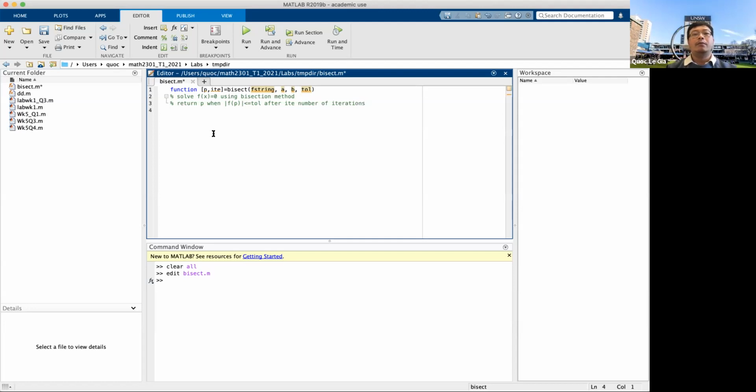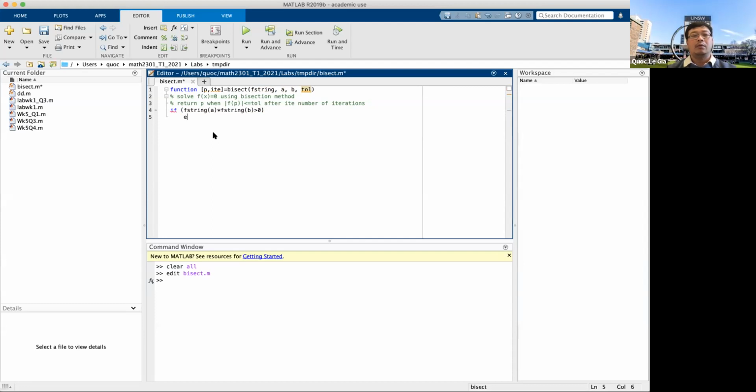So now first we have to check whether we can use the bisection method or not. So remember, if f(a) and f(b) are on opposite sides, then you can use the bisection method, right? Otherwise, you cannot use it. So if f(a) and f(b) are not of opposite sign, then you say that we cannot do it.